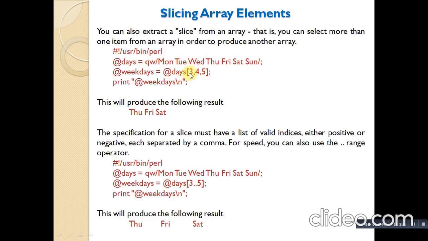From that I am getting out 3, 4, 5, which are the index values. Index number 3 is Thursday, index number 4 Friday, index number 5 Saturday. These strings will be stored into weekends. When I print weekends, it will print Thursday, Friday and Saturday.